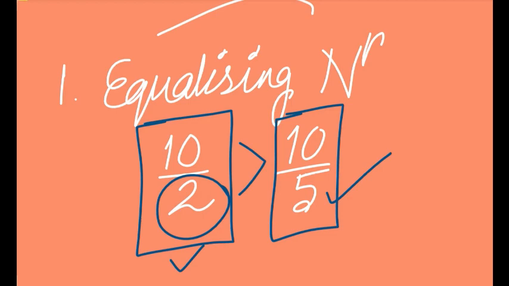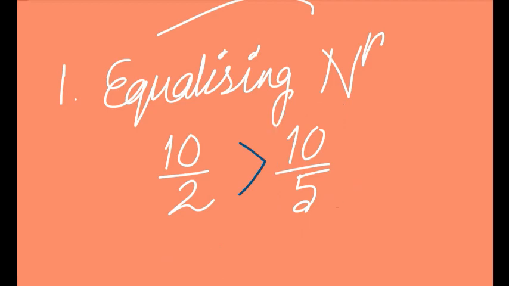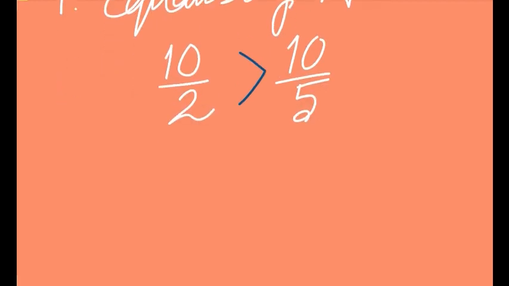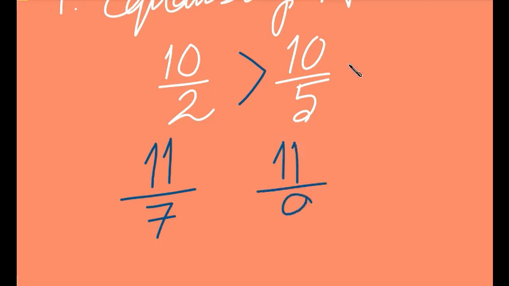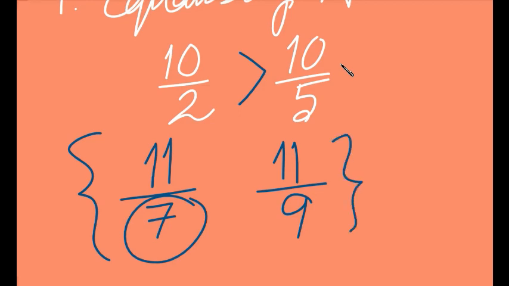Now we need some more examples for that. Things will be clear then. Alright, so let us have another one. Let me give you 11 by 7 and 11 by 9. Now which one is greater? Here the first fraction, this entire thing is the fraction, okay? 11 is the numerator, 7 is the denominator.